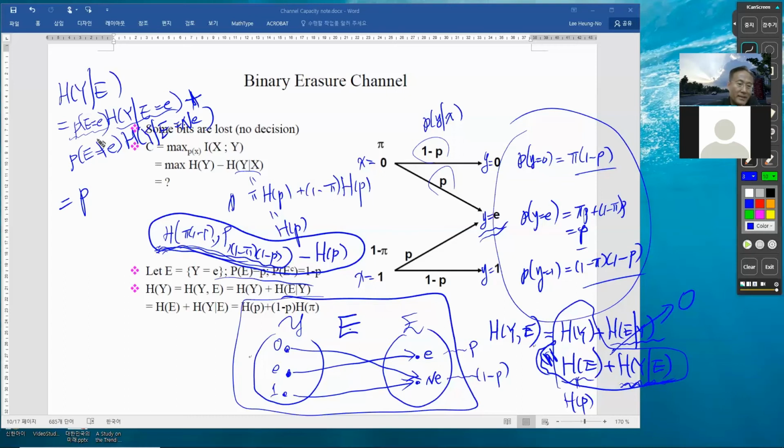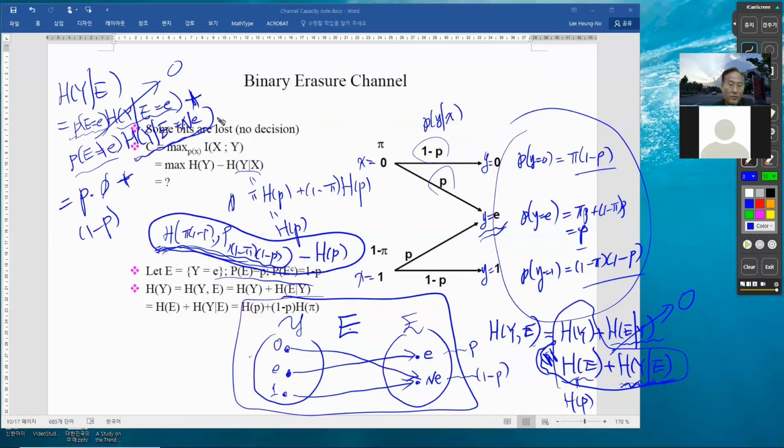So this is 0, so we don't have to worry about multiplying with the p. And plus this part is 1 minus p. What is the entropy on Y given E is not equal to e? Then Y is equal to 0 or Y is equal to 1, right? So that's the entropy on Y.